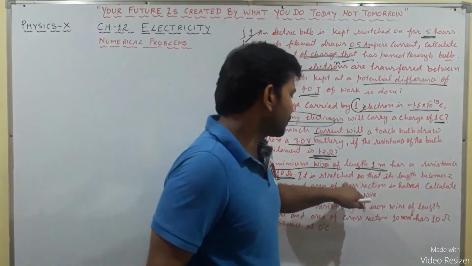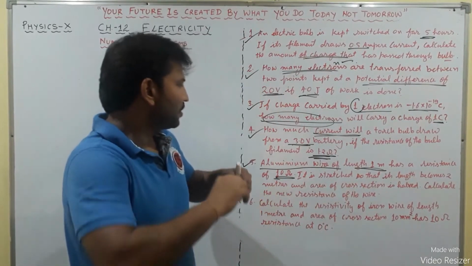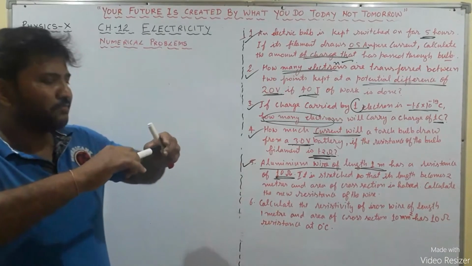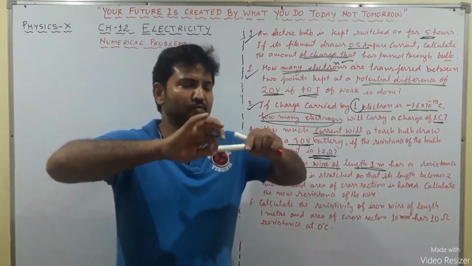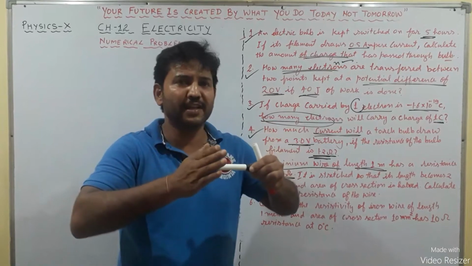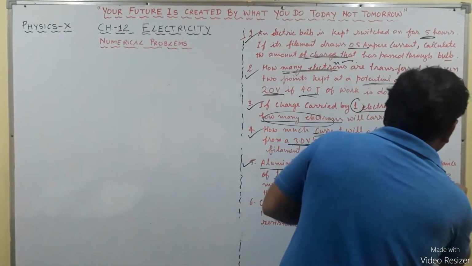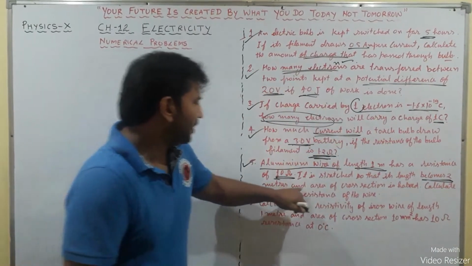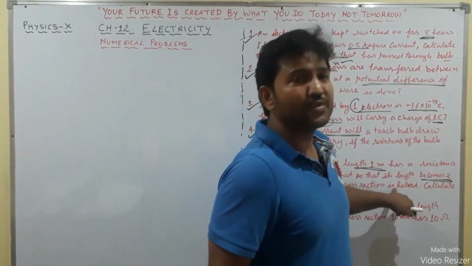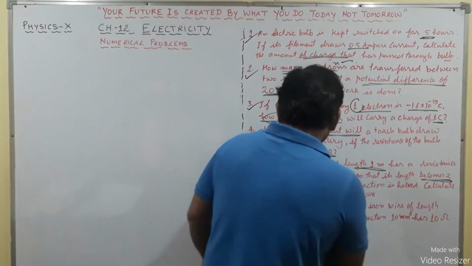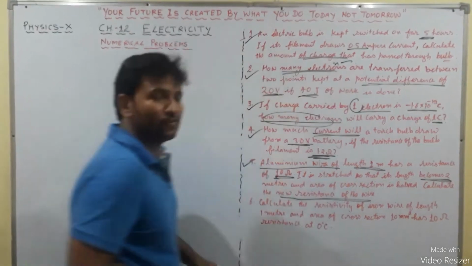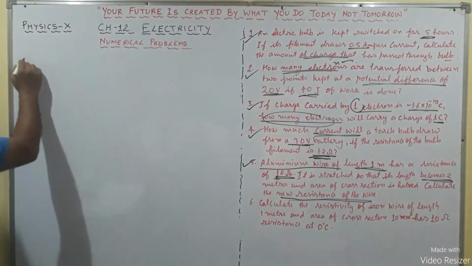It is stretched, means by pulling its two ends, we stretch it so that its length becomes double, and the area of cross section becomes half. We need to calculate the new resistance of the wire. So let us solve this.